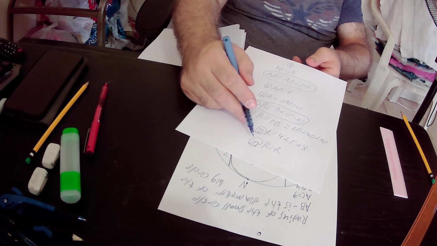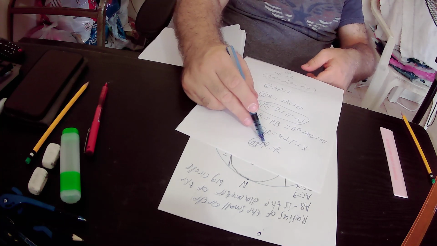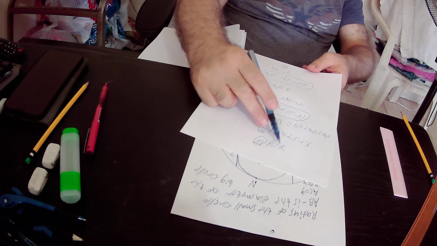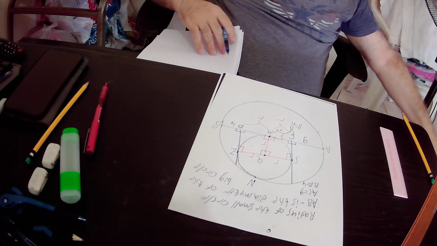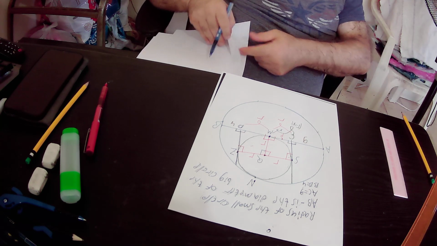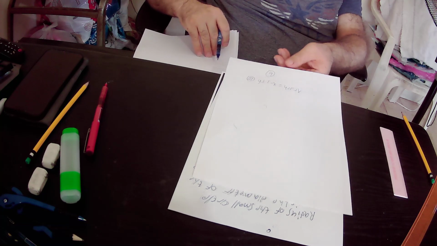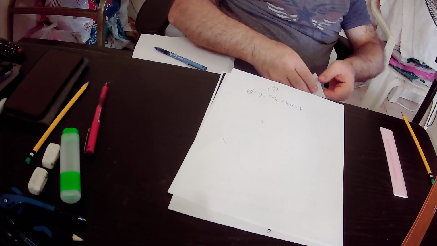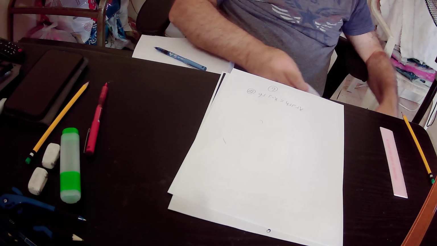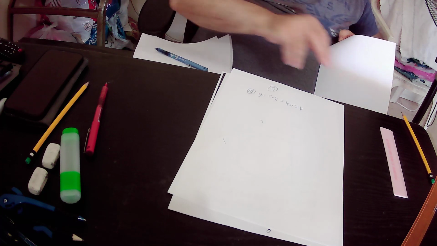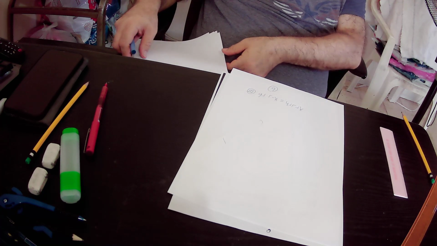Again, we substituted this R by equation number 1, and this R by equation number 2, and we got equation number 3: 9 plus r minus x equals 4 plus small r plus x.